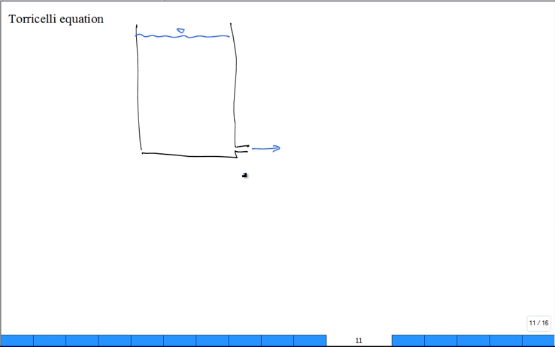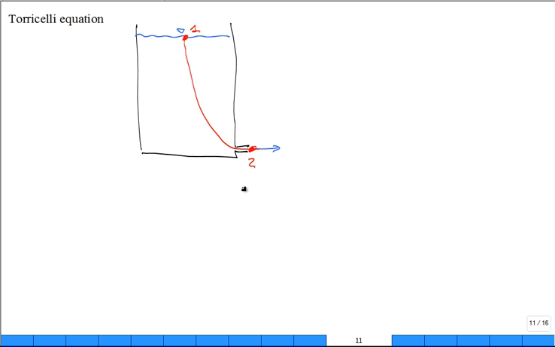As a first approximation, we'd say there's no resistance to the flow, so it's inviscid, no friction. We introduce a streamline, and eventually that fluid particle is just going to follow this path and go right on out, right there. So that's our streamline. We introduce point 1 and point 2.